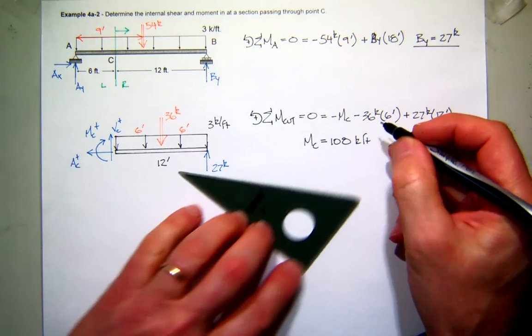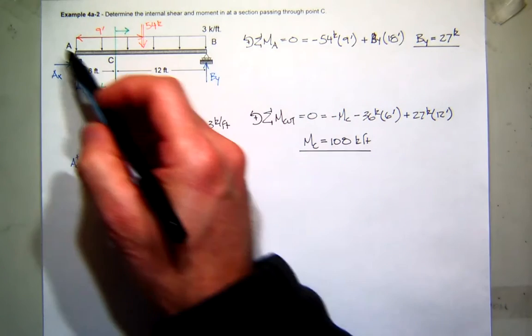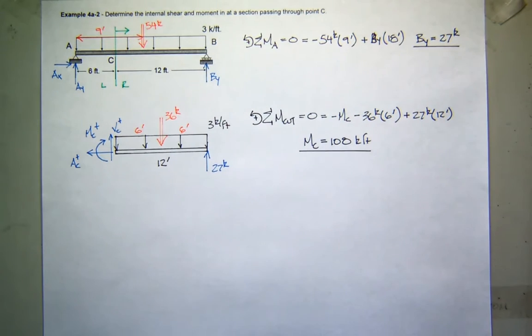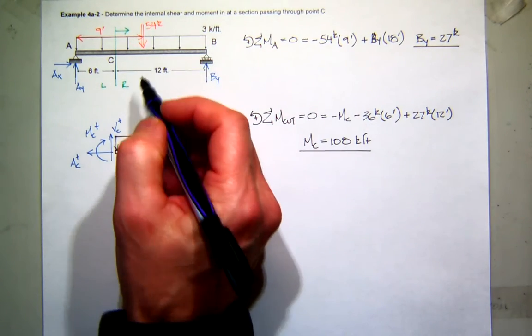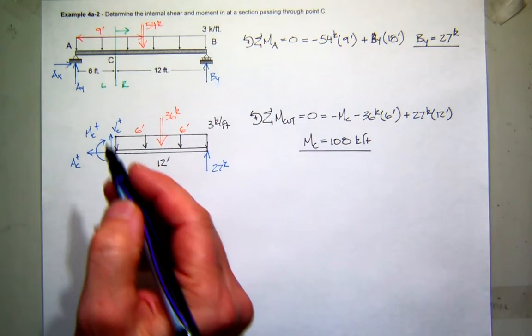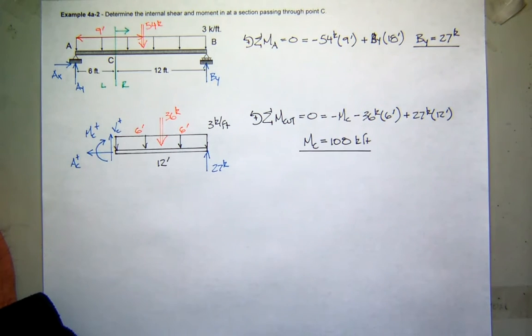It came out positive, so that means we have positive bending moment at C. Does that make sense? Well, look back at the original beam. How do you think that would deflect? Would points along the beam go up or down? Probably down, right? On that right side, I got 108, so it would be negative MC plus 108.